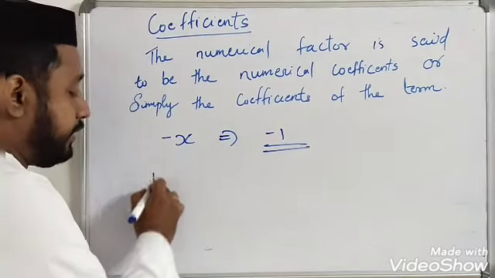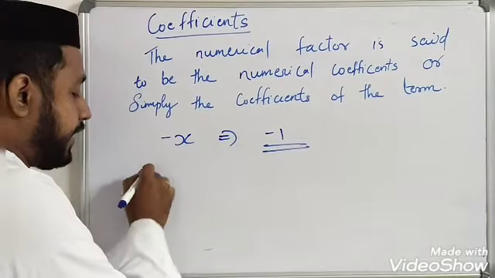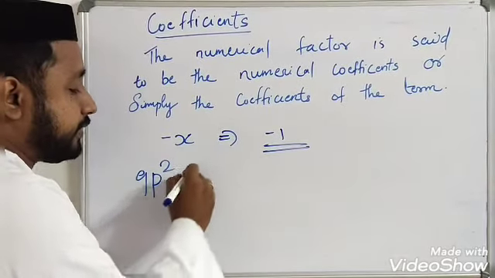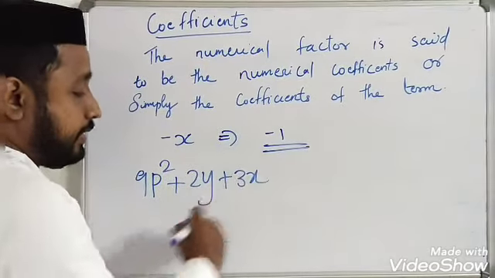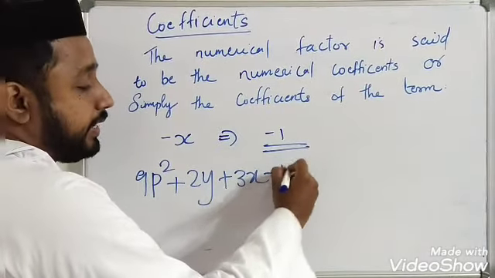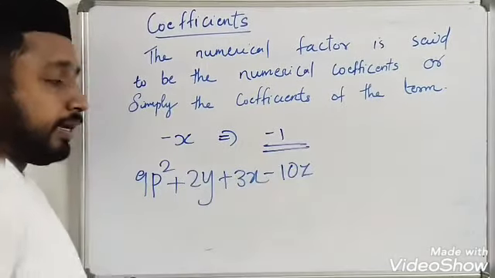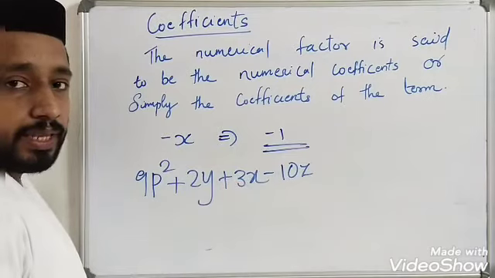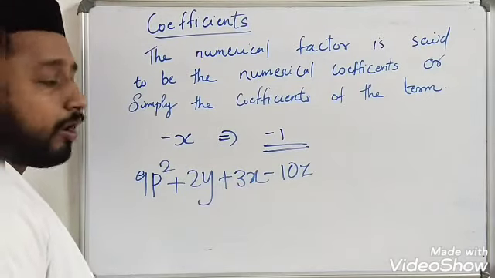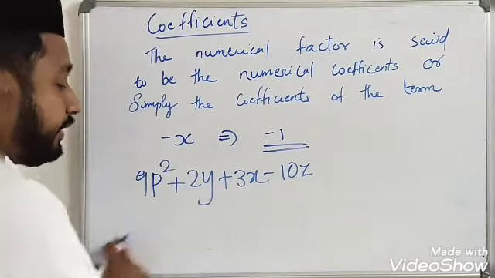Then 9p square plus 2y plus 3x minus 10z. This is an algebraic expression. 1, 2, 3, 4 terms are there. We are going to find the coefficient of different terms.